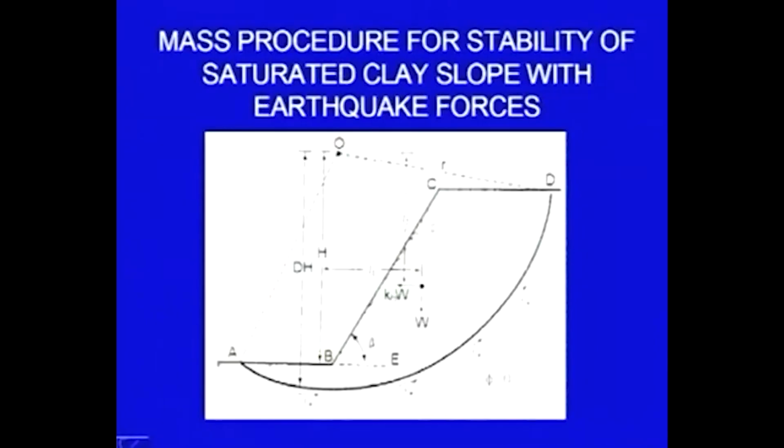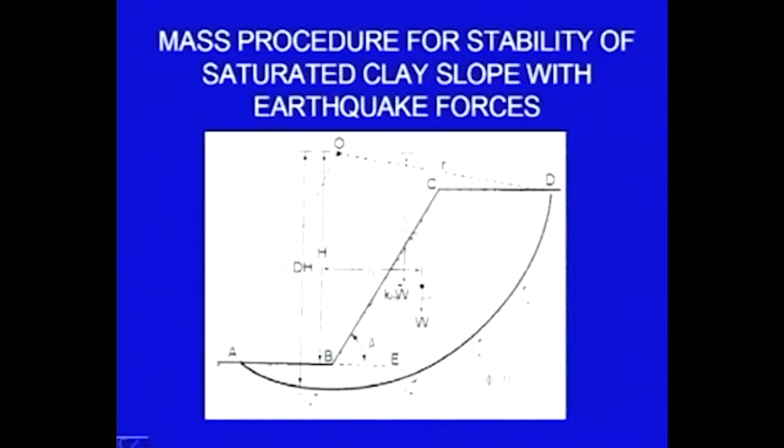Here it is the slope, the B point is the toe of the slope, and this is a trial circle we have taken, center is O, and the CG is the CG of the mass above this failure surface, the entire mass is here. Weight W is acting in downward direction at the CG.